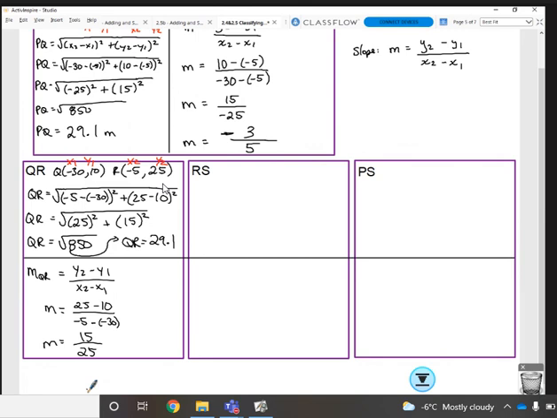Positive 25? Yeah, agree. And this slope would be 3 over 5, but positive for sure. Yes? Just to double check.